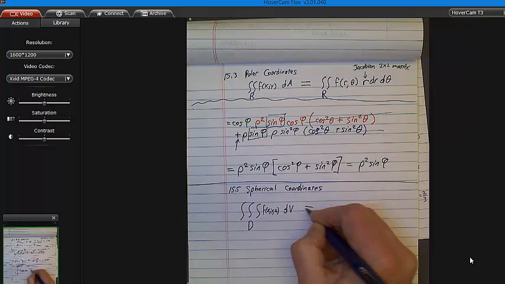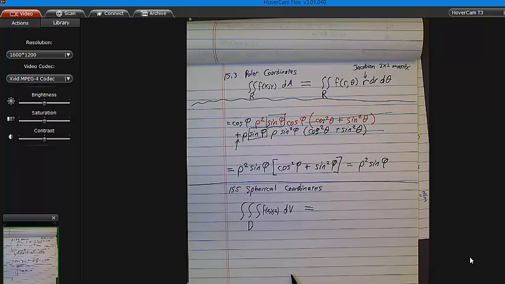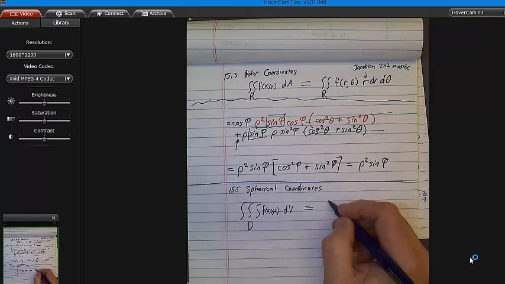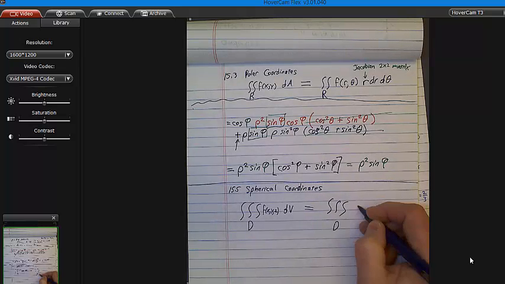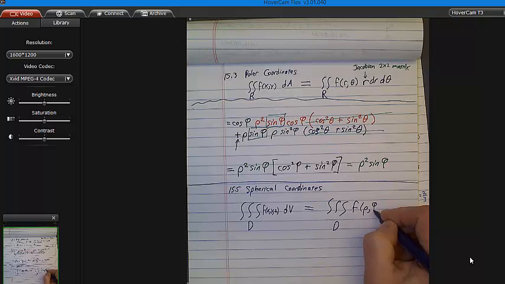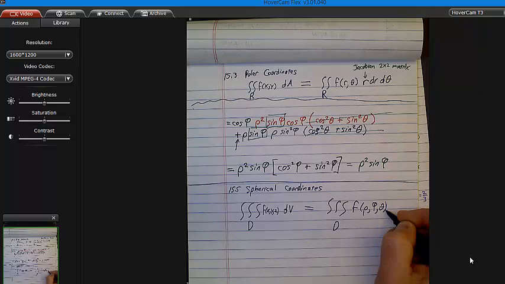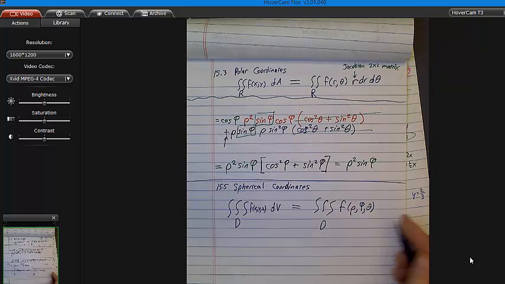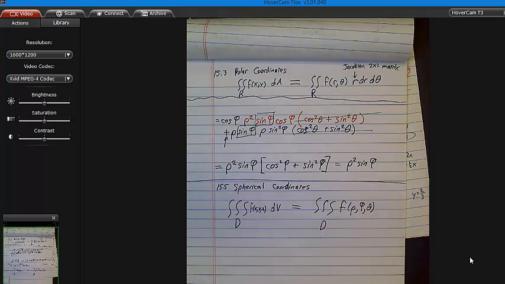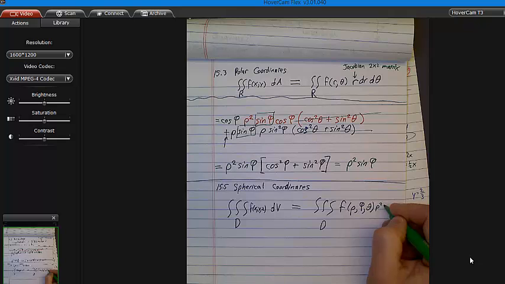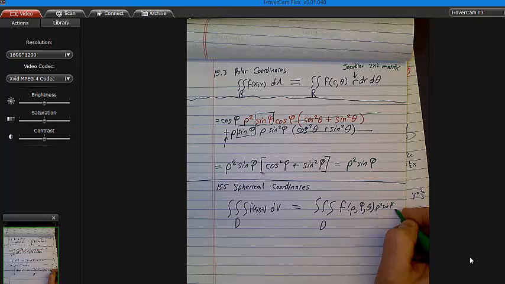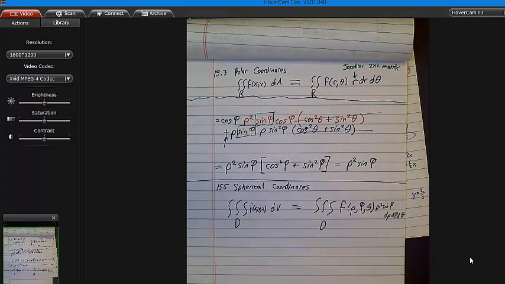And what I'm telling you is, using that transformation that we just mentioned, we can rewrite the problem as a function of rho, phi, and theta, as long as we're willing to put what here? Well, you'd have to write rho squared sine phi, and then d rho d phi d theta.